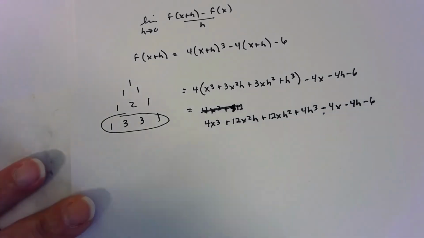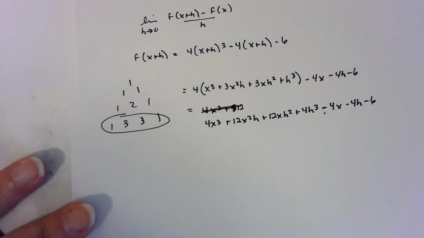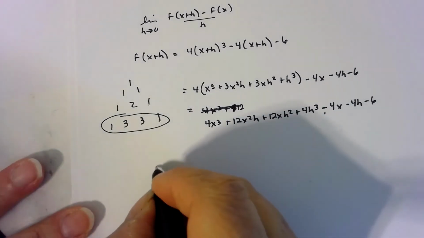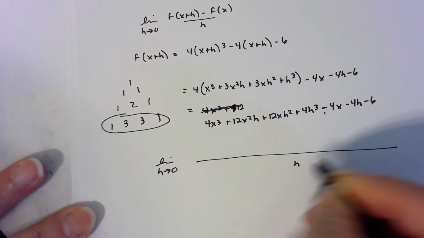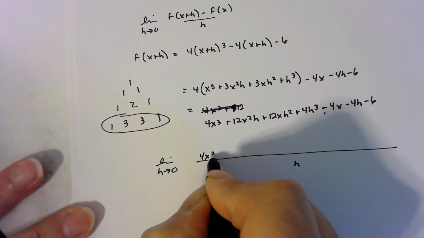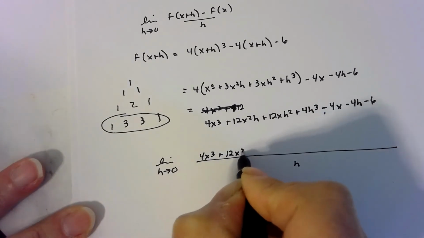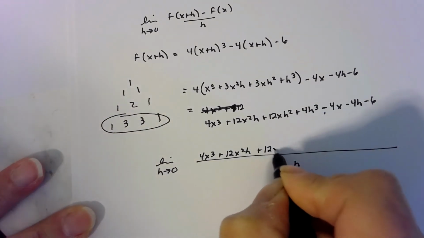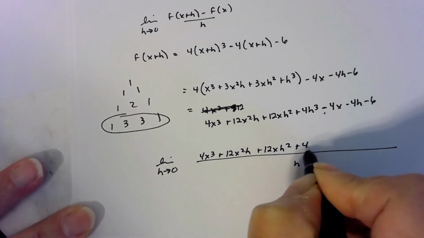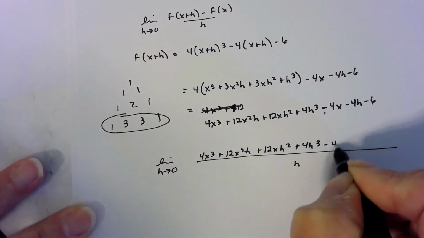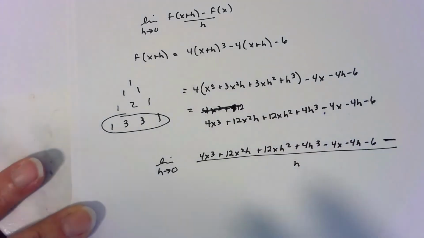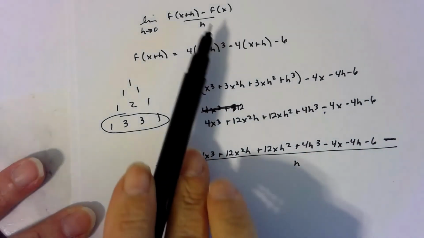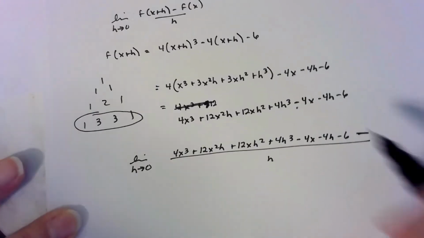And of course, I know what f of x is, so we've got the limit of 4x cubed plus 12x squared h plus 12xh squared plus 4h cubed minus 4x minus 4h minus 6 minus, as part of my formula, f of x.